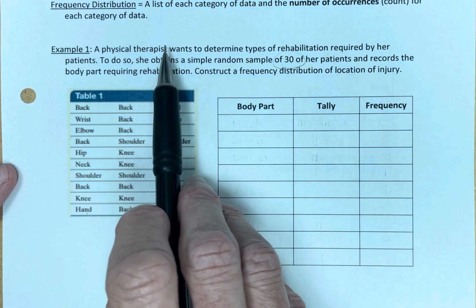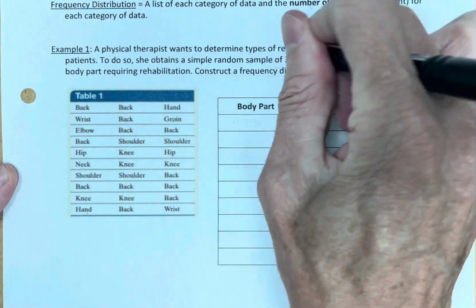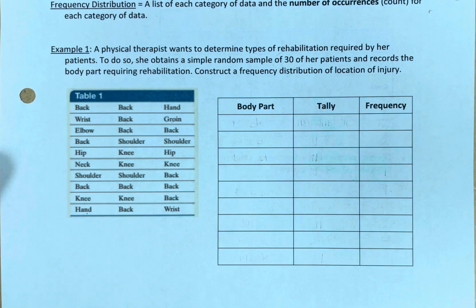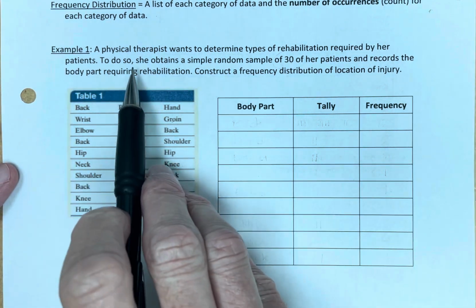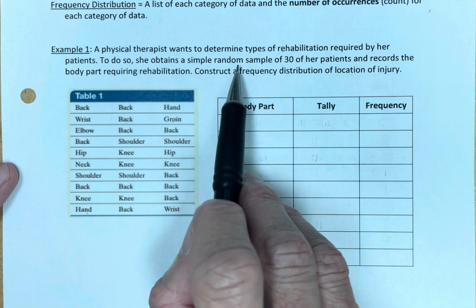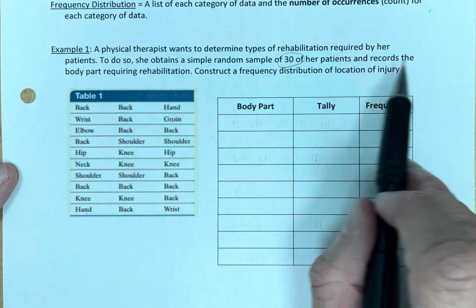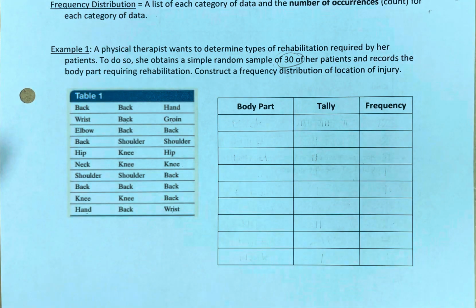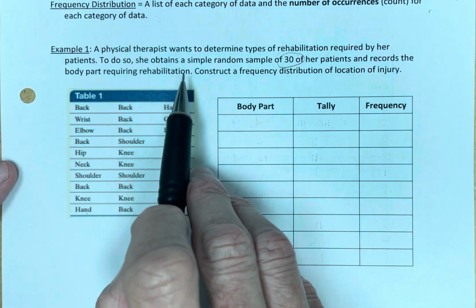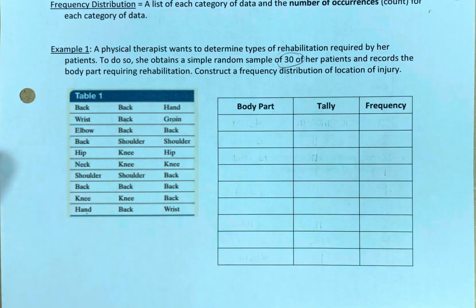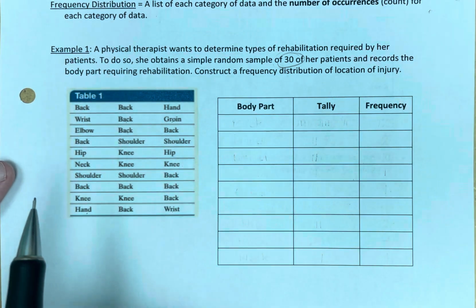A physical therapist wants to determine the types of rehabilitation required by her patients and where that rehabilitation is located. To do so, she obtains a simple random sample of 30 of her patients, and she records the body part requiring rehabilitation. We're going to construct a frequency distribution of the location of the injuries.